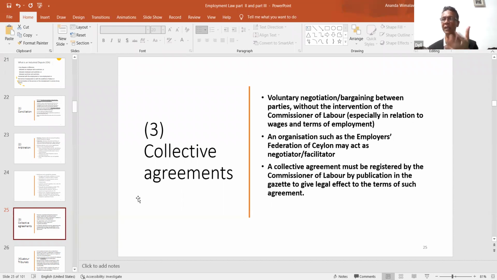Once such a request is received, there is a procedure: the Labor Department undertakes a referendum within 30 working days.